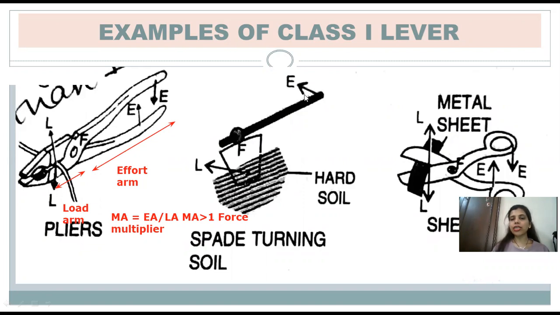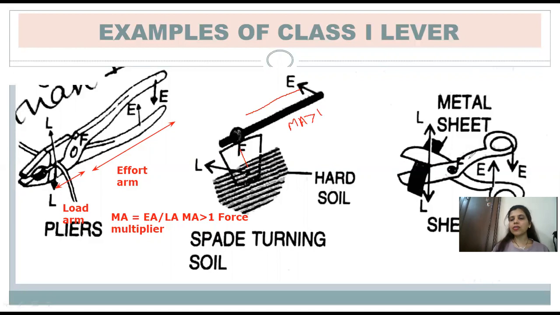So you will measure the effort arm and the length of the load arm. This is going to give you the effort arm length, and this length, from the fulcrum till the load, will give you the length of the load arm. So observing the effort arm and the load arm, you can say that even in this case MA is greater than 1. So even the spade is acting like a force multiplier.